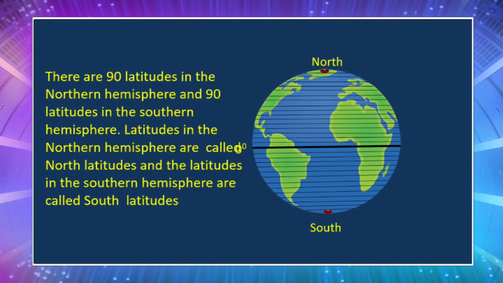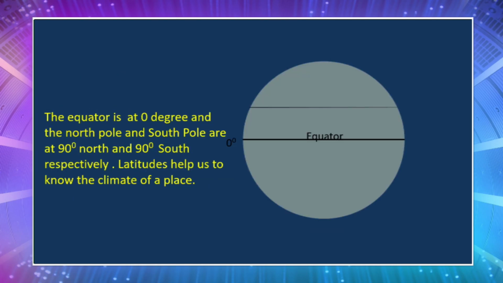Children, there are 90 latitudes in the northern hemisphere and 90 latitudes in the southern hemisphere, excluding the equator. That means, the total number of latitudes is 181. The equator is at 0 degree and the North Pole and South Pole are at 90 degrees north and 90 degrees south respectively.